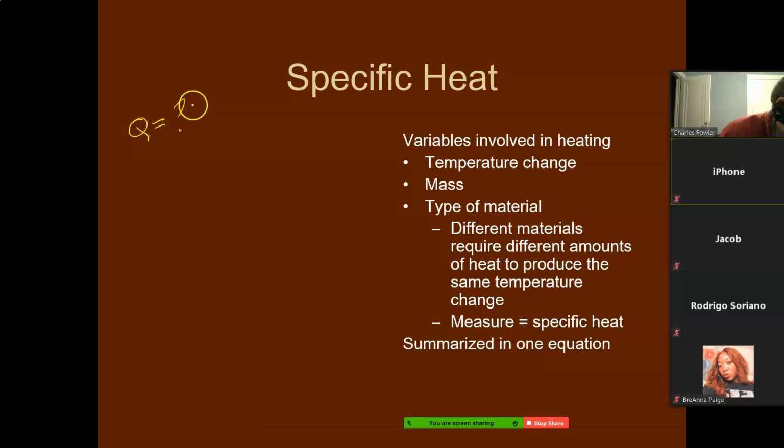How much heat must be supplied to a 500 gram pan?